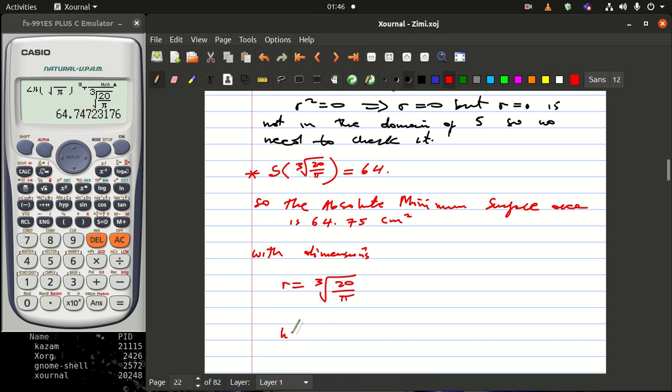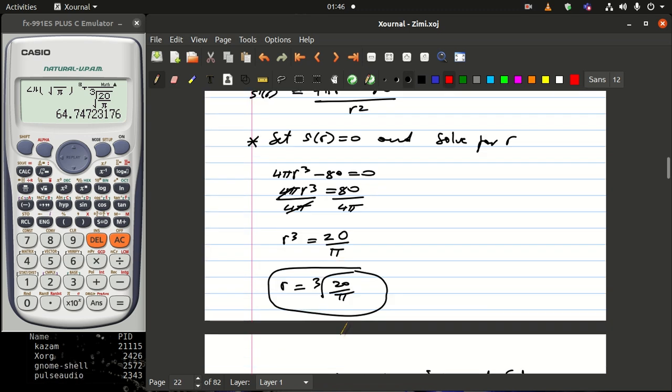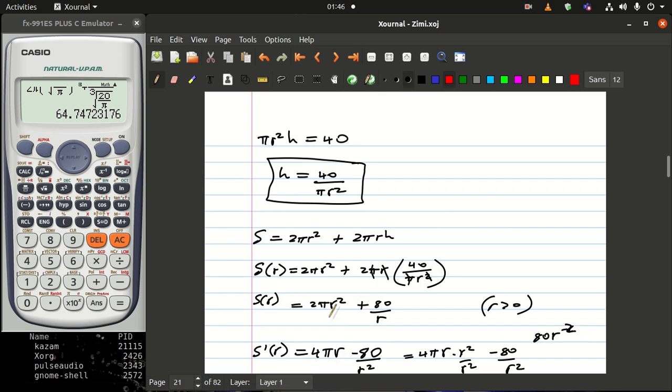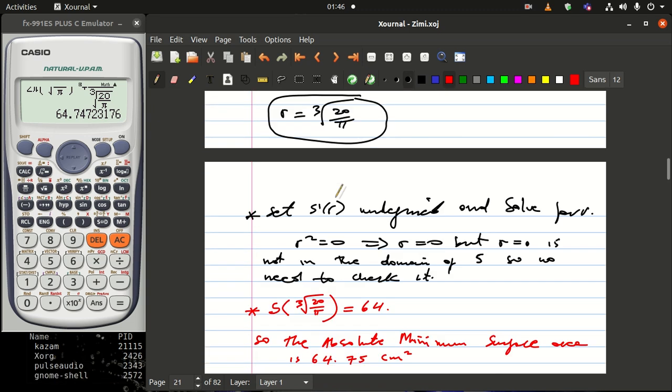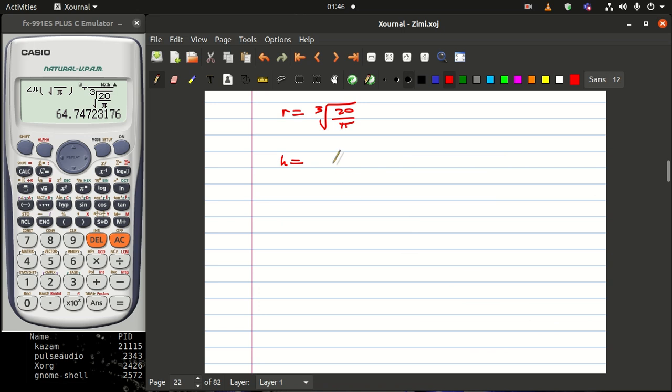And then actually the height now, because the height is defined in terms of r, we'll have 40 divided by pi r squared. But my r, we know that our r is the cube root of 20 over pi, and then we square it up. Of course, we can get a good approximation.